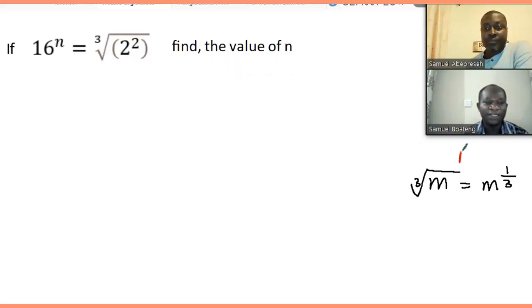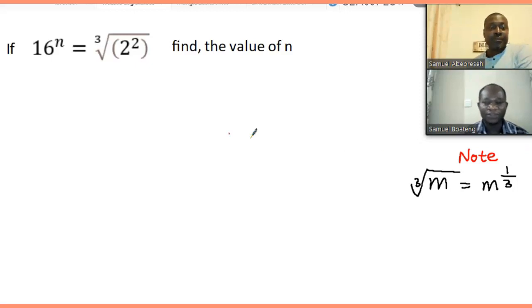Remind you that any time you are given a question on indices, your motive is to make sure that the bases that you are working with are the same. The cube root of m is the same as m raised to the power 1/3.